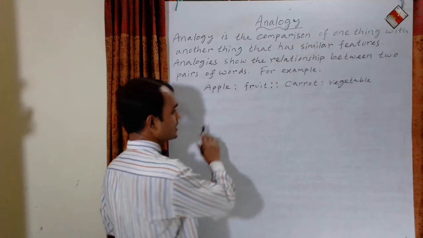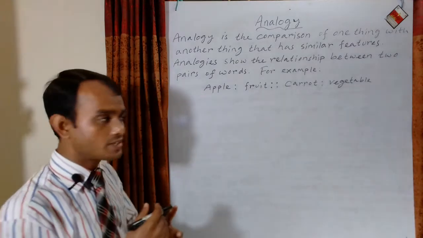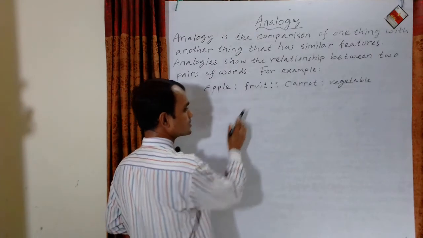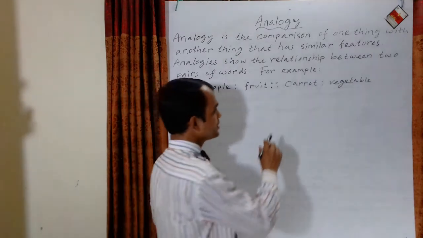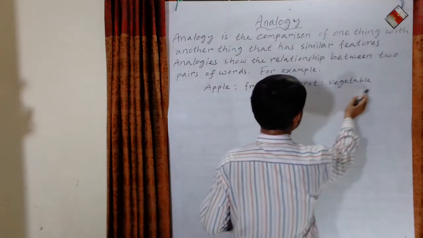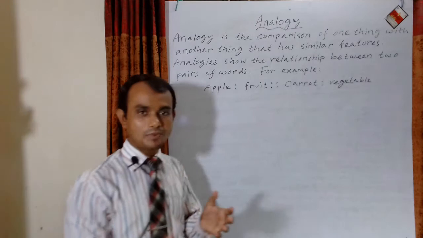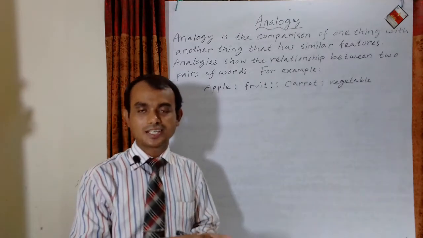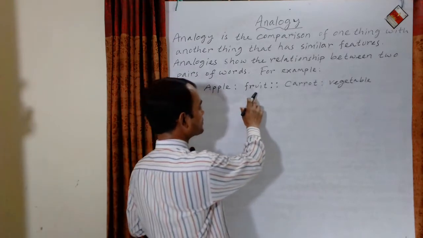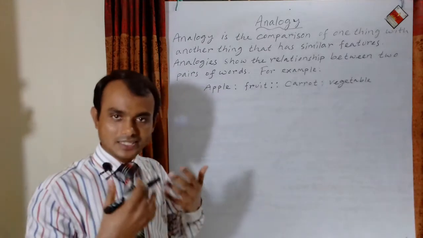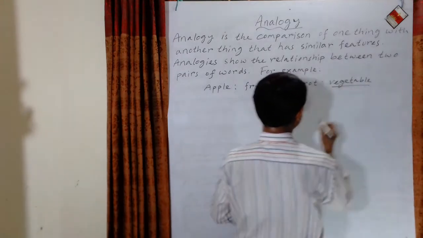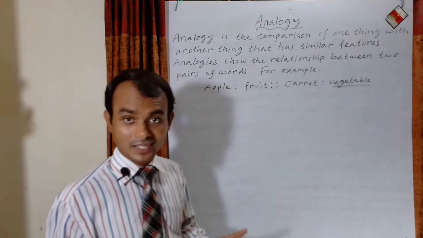Apple, fruit. What type of relationship do we find here? Apple is one kind of fruit. Carrot is one kind of vegetable. Apple is one kind of fruit, that is given, and if I give a gap, carrot is what?